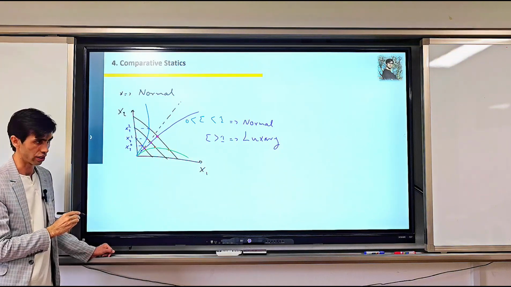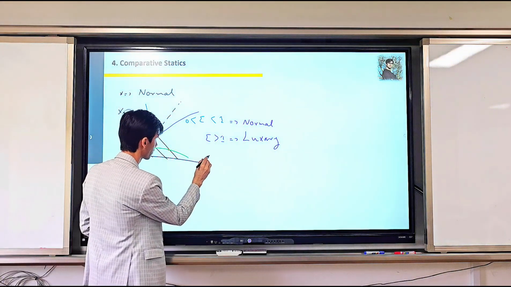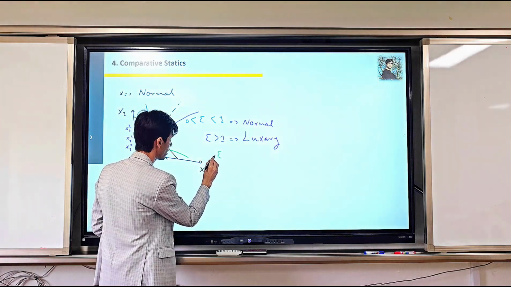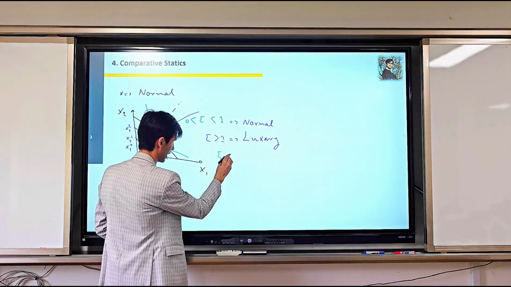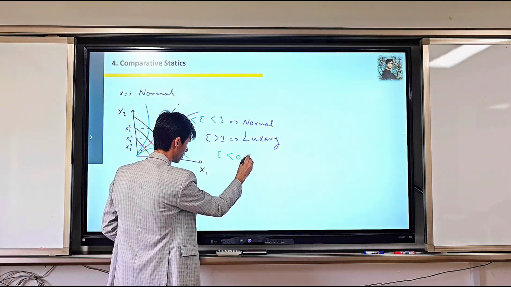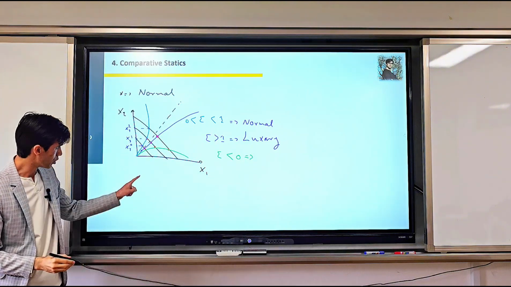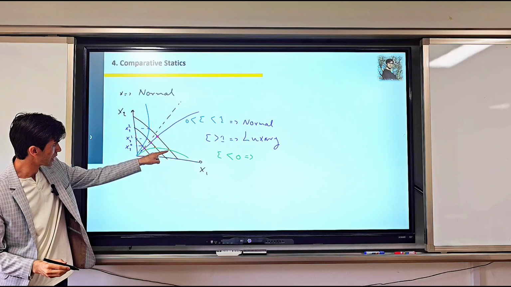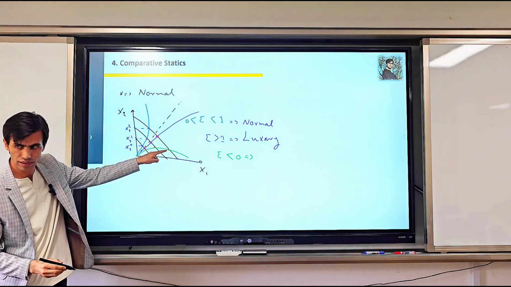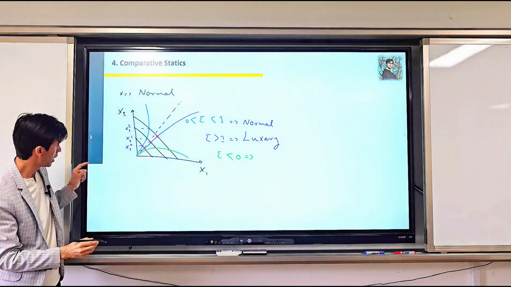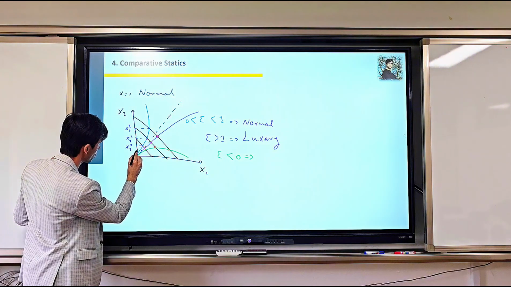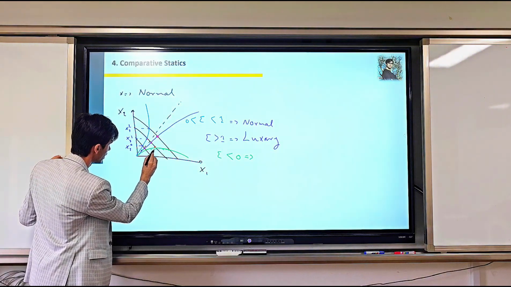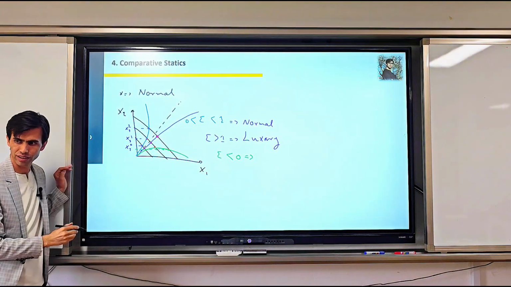When our elasticity is less than 0, you see here and here our income level increased, but the demand for X2 doesn't increase.